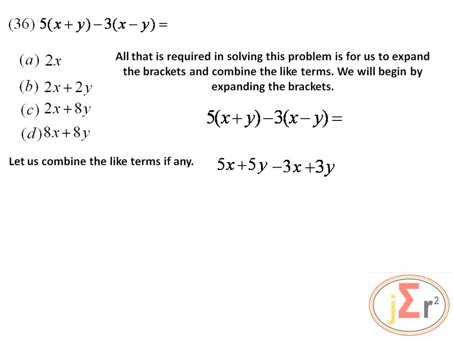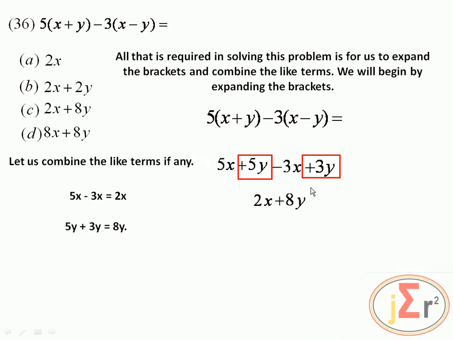Let us combine the like terms, if any. Of course, we have like terms. 5x minus 3x, and that is equal to 2x. Then we have, any more? Yes. 5y plus 3y, and that is 8y. Right there.